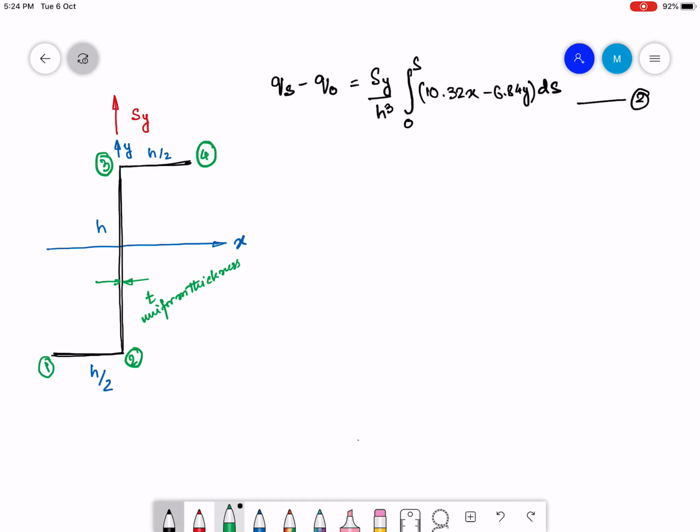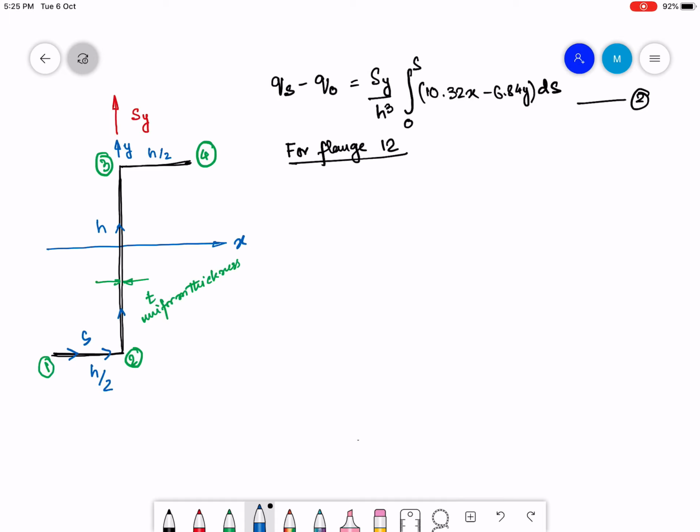Now for flange 1, 2, how are we going to implement it? S is in this direction, so we take this to be the direction for s.